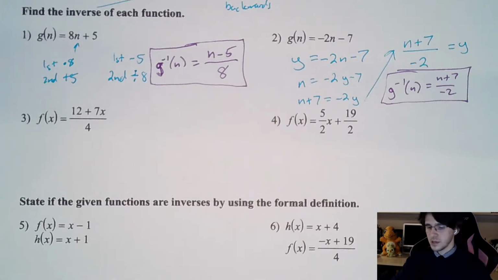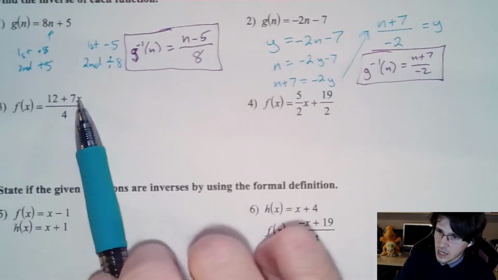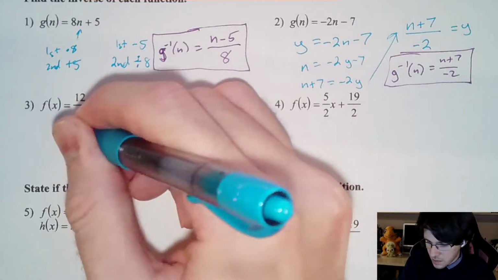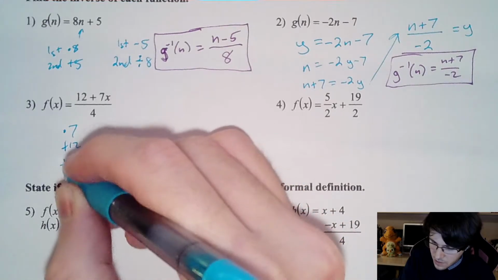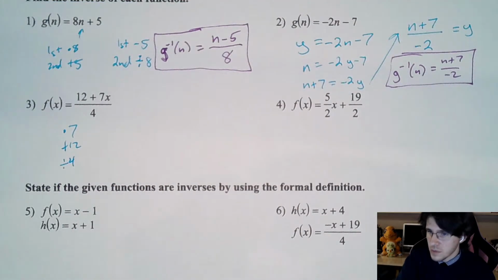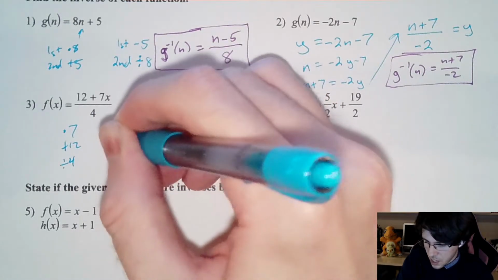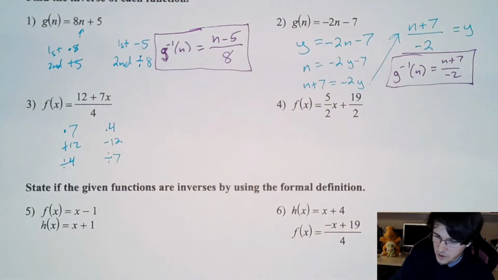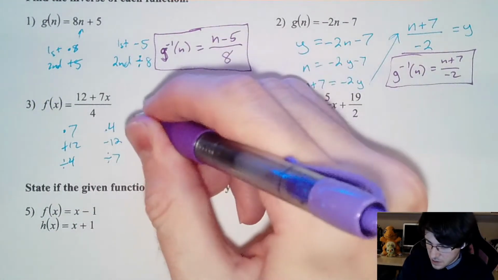So again, I'm going to be doing number 3 using the English method. So what is happening to x here? For x, you're getting multiplied by 7, and then you're adding 12, and then you're dividing by 4. So the complete undoing of that is going to be multiplying by 4, subtracting 12, and dividing by 7. So using the correct notation, this time it is an f and an inverse.